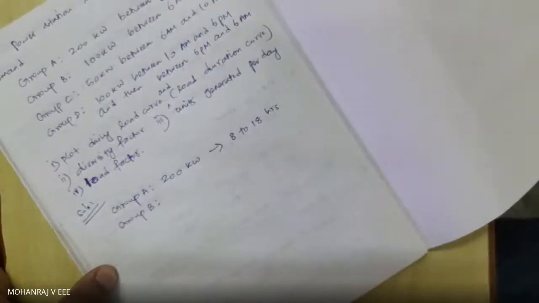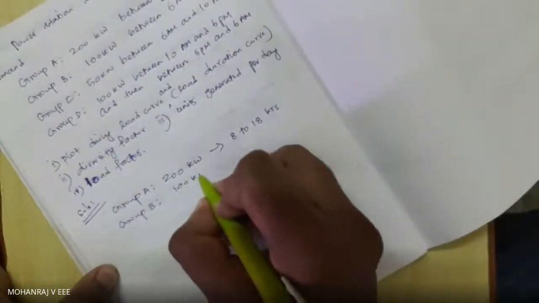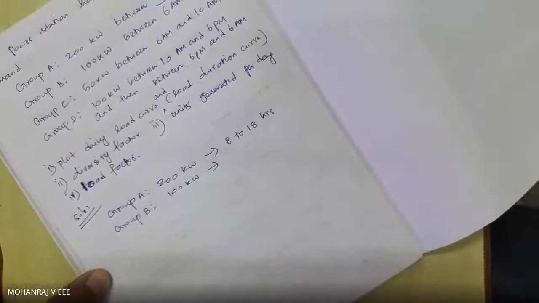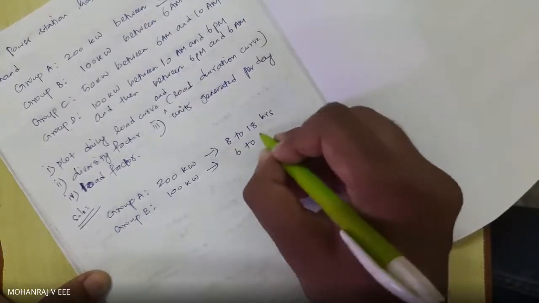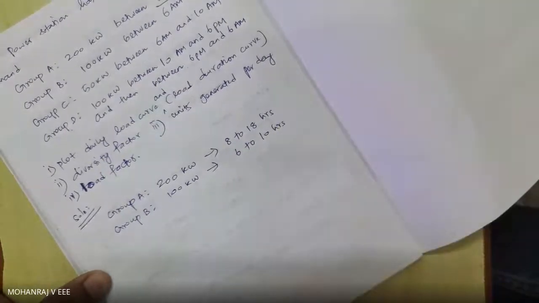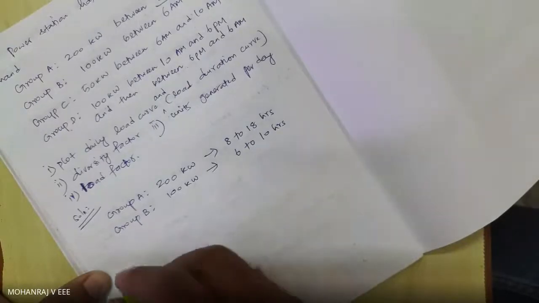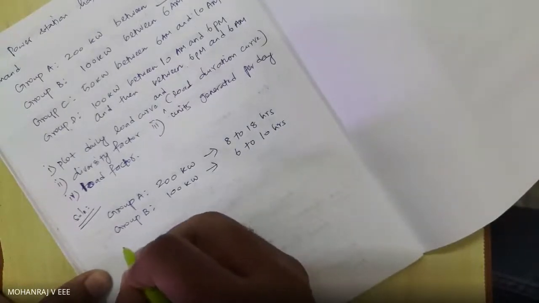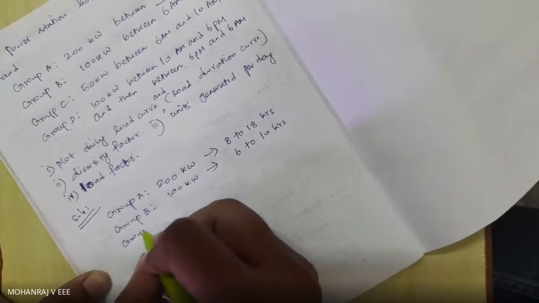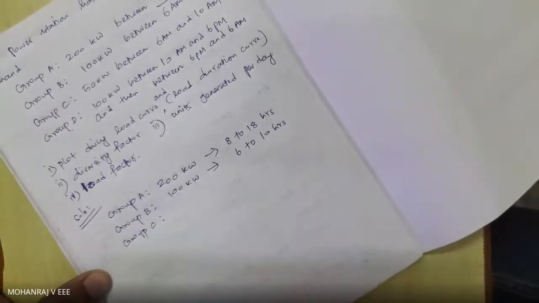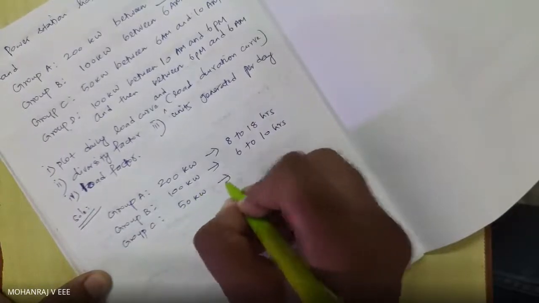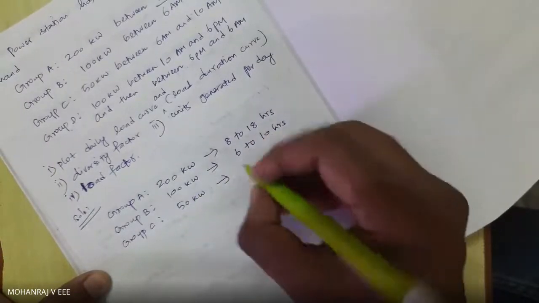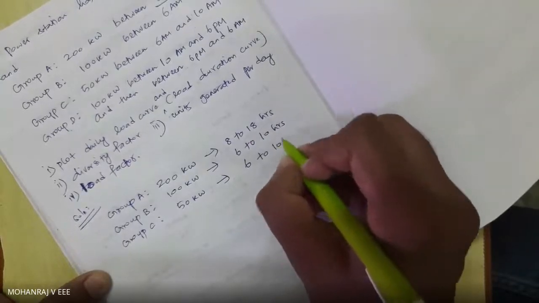For group B, it is 100 kilowatt from 6 a.m. to 10 a.m. So 6 to 10 hours. Then group C, 50 kilowatt from 6 a.m. to 10 a.m. Same. So 6 to 10 hours.